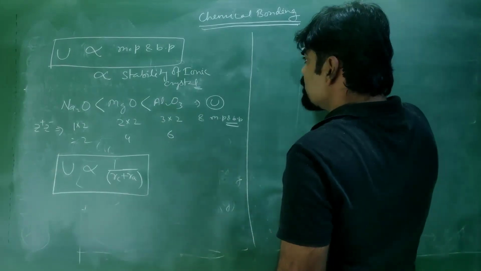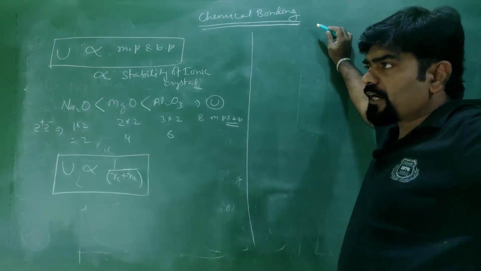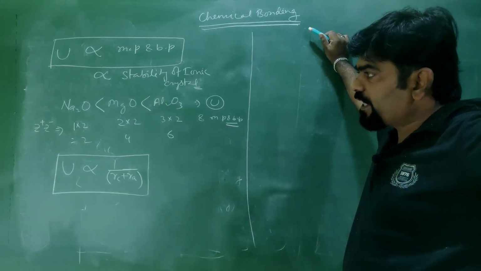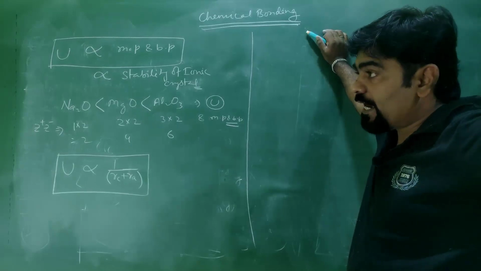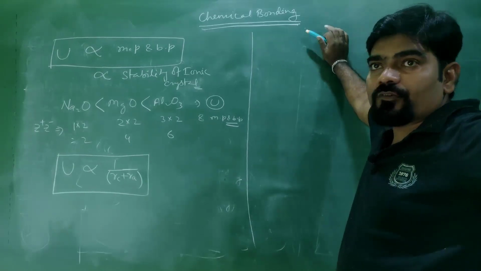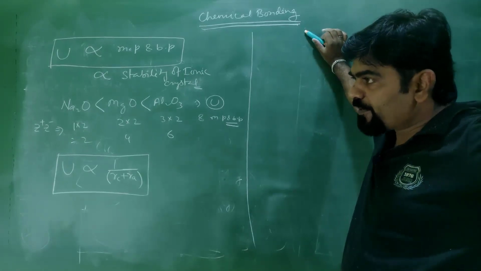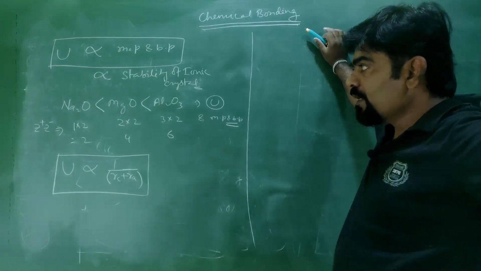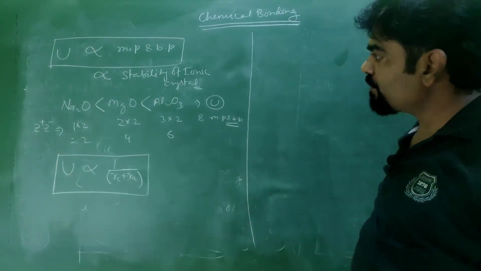In the properties of ionic compounds, we have seen that they possess very high melting and boiling points. Their ionic bond is polar in nature, having charge, that is complete electrostatic force of attraction between cation and anion. That compound must be completely polarized, completely ionized.